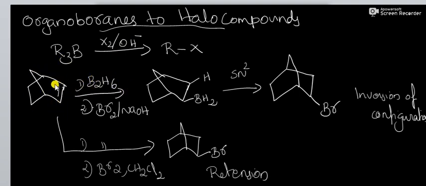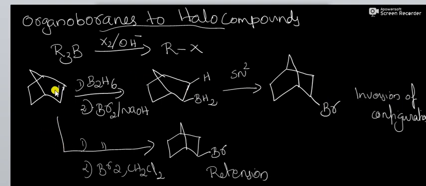When borane adds to this olefin, it will be converted into the organoborane, followed by the addition of bromine in the presence of sodium hydroxide, it will undergo SN2 reaction and bromine will be substituted in place of BH2 and the configuration will be inverted because the reaction follows SN2 mechanism, so we get inversion of configuration.